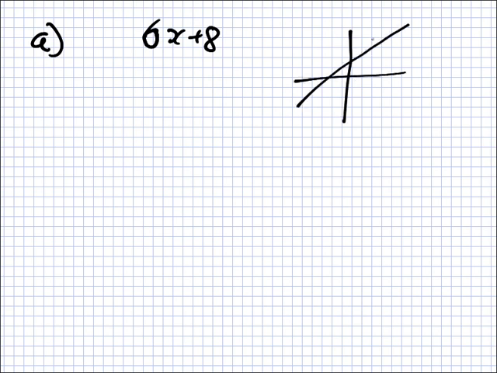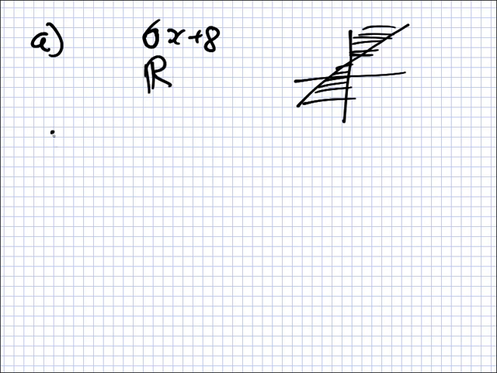So A. You want the range of the function 6x plus 8. Well, this one is all real numbers, because you can think about it like this. On the graph, you get all the values on the y-axis. So it's all real numbers.